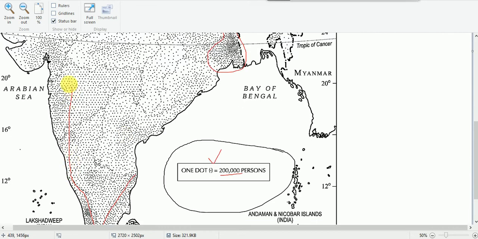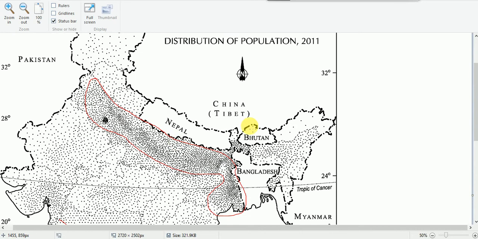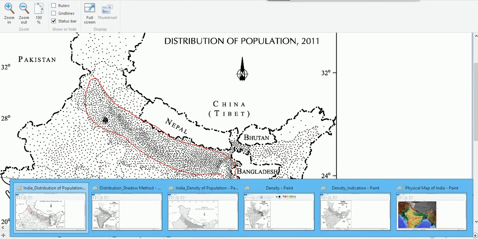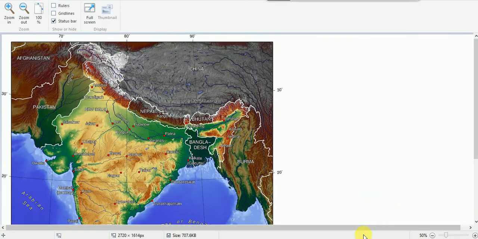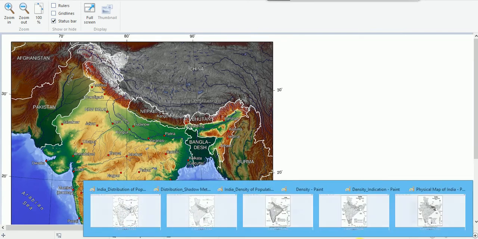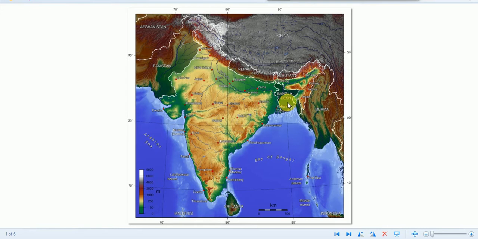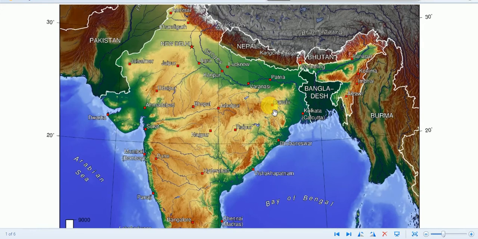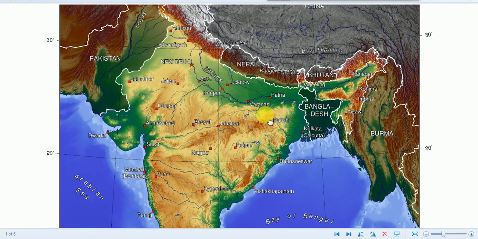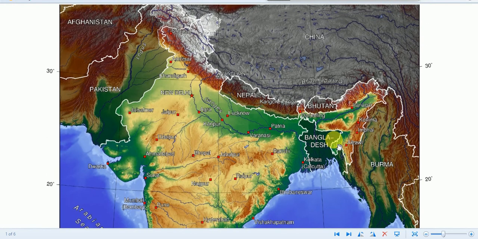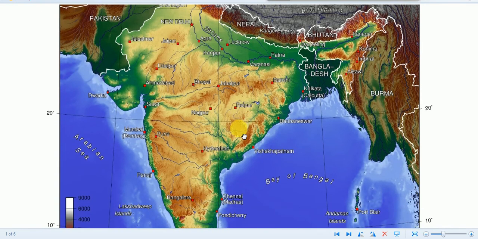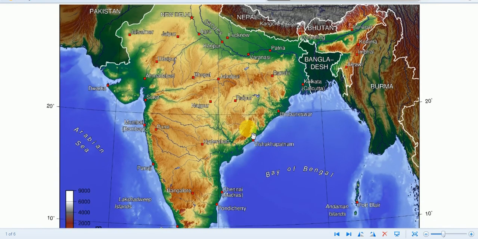So when we compare with the physical map of India, just see here, the green color represents plain and coastal areas, brown color represents hill and mountainous areas, and yellow color represents the plateau areas.